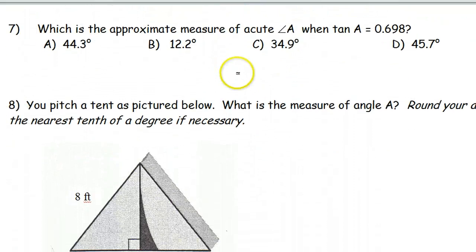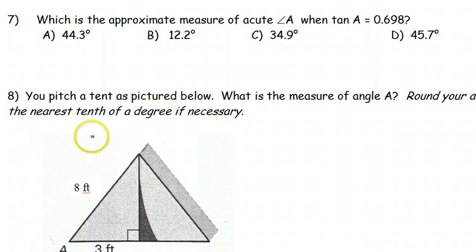Alright, let's take a look at number 7. What is the approximate measure of the acute angle A when the tangent of A is 0.698? Well, if I told you once, I told you at least 74 times. How do you find the angle out of things? How do you get the angle?